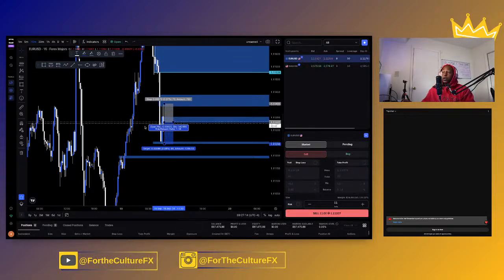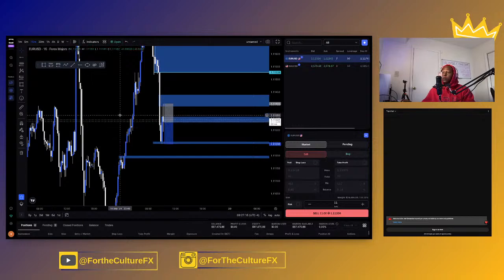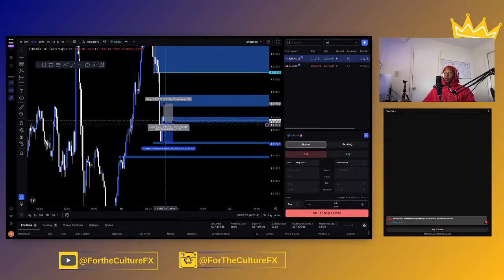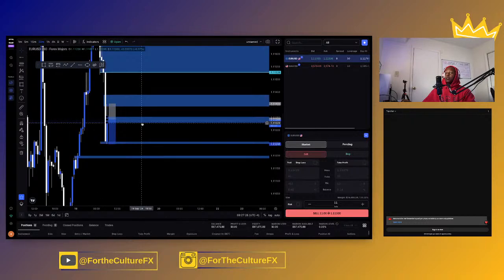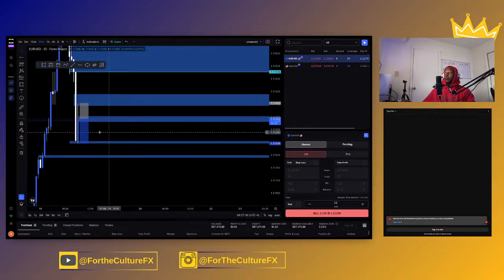So not on this account because it's acting weird. But I had taken a small position within this area. I closed portions of it just because of this rejection in this 5-minute candle not looking the most ideal for a sell move to the downside. Just really not.